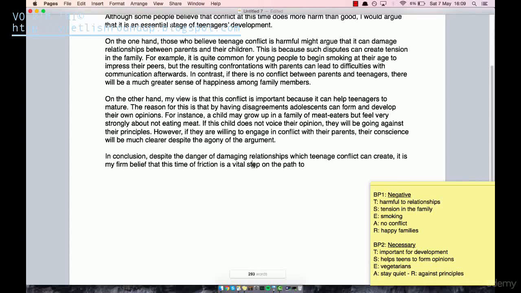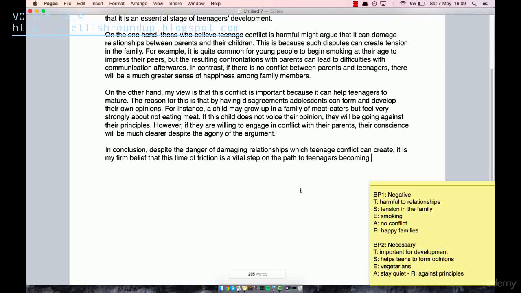So a nice idiom here, step, path, those words. A nice collocation, step, path, those words often seen together, so use them together. A vital step on the path to teenagers becoming, we'll come back and use that word again, and that's okay, it doesn't matter too much, becoming mature.